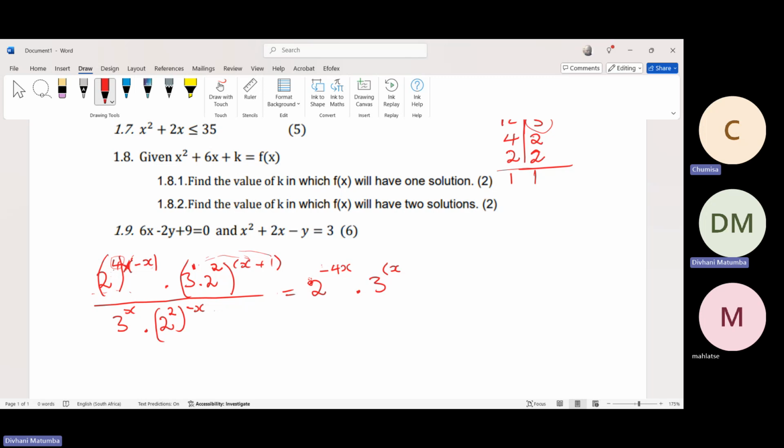Have you done a multiplication of factors that are in brackets? Multiplication of binomials, I think that's the correct term.